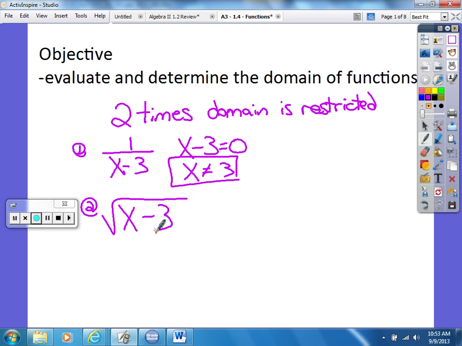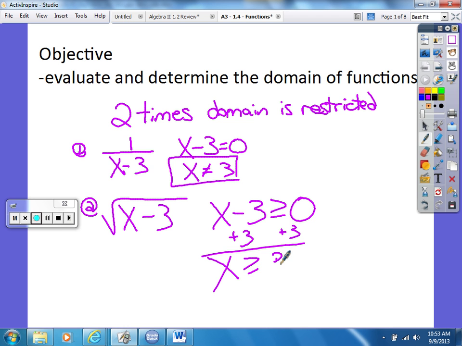What other number could I have under there? What other number? 0. I'm allowed 0. So on this one, I'm actually going to say x minus 3 is greater than or equal to 0. So if I add 3, I'm going to write x is greater than or equal to 3.